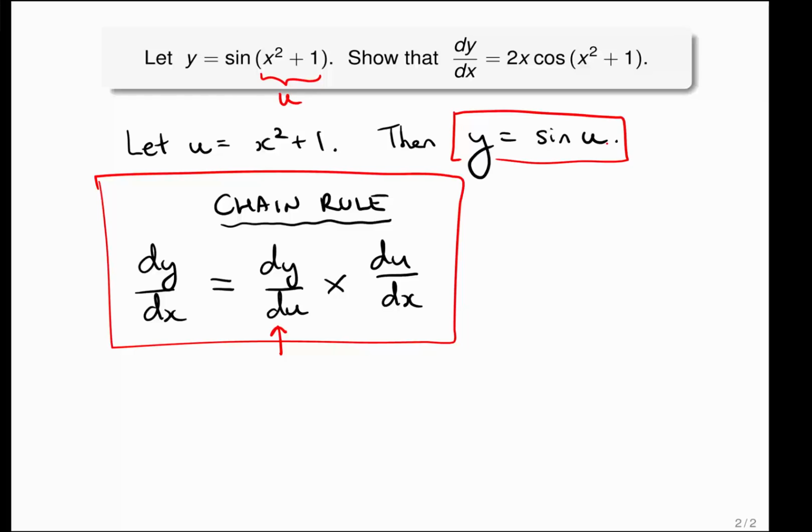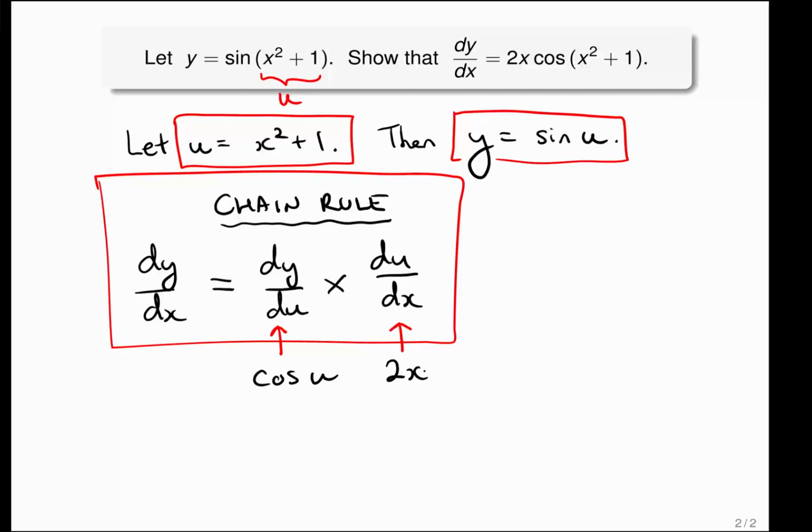Thus, differentiating sine u with respect to u, we get cosine of u. Now let's work out du/dx. This means we need u as a function of x. Here it is. Thus, differentiating x squared plus 1 with respect to x, we get 2x.